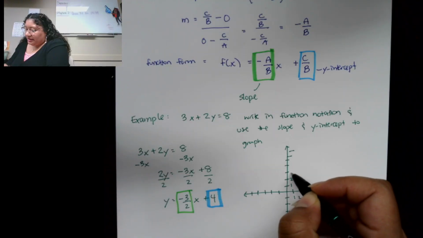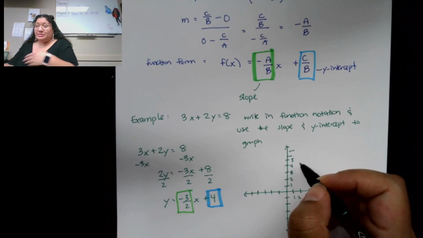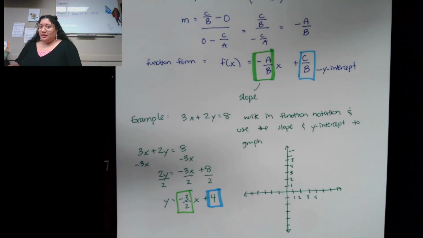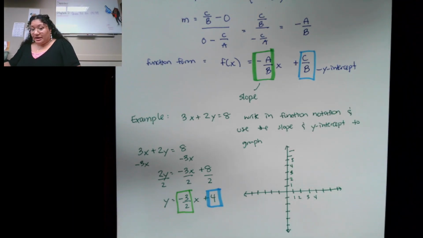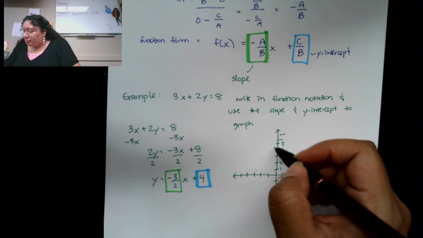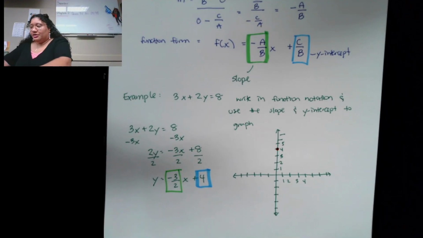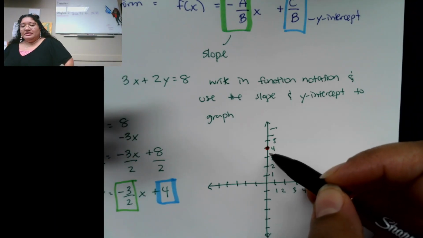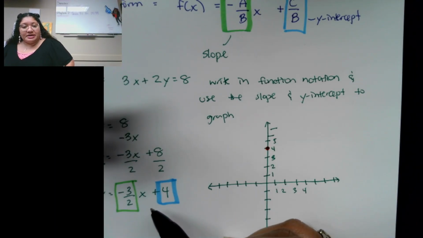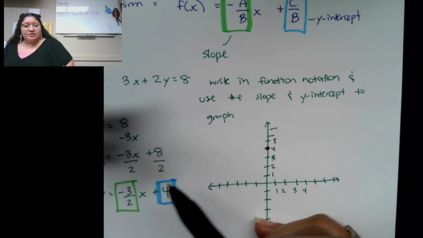If I'm being told my y-intercept, it means it intercepts which line? The y line. And it is a positive 4, so I literally go onto my y line and I go to positive 4. I make my dot here. From that dot, that is where I'm going to apply my slope. I have a negative 3 over 2 slope.